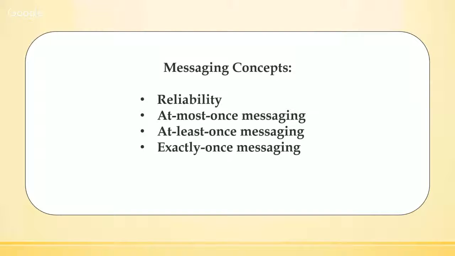At most once messaging, it'll never get there more than once, but it also means that it might not get there. Exactly once messaging means it will get there once and only once. You sacrifice a lot to get exactly once messaging. And in fact, none of the big vendors promise exactly once messaging. It's usually layers around at least once messaging that keeps track of that, and then you eventually get to your exactly once messaging.